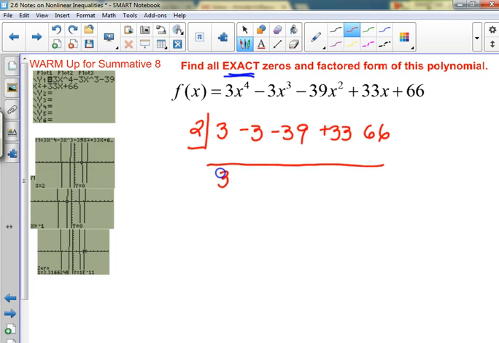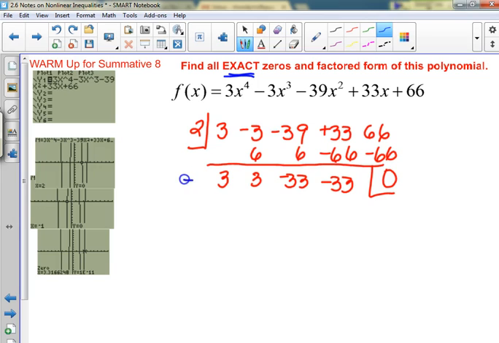Bring down, multiply, add, multiply, add, multiply, add, multiply. Okay. The other one that worked was -1.